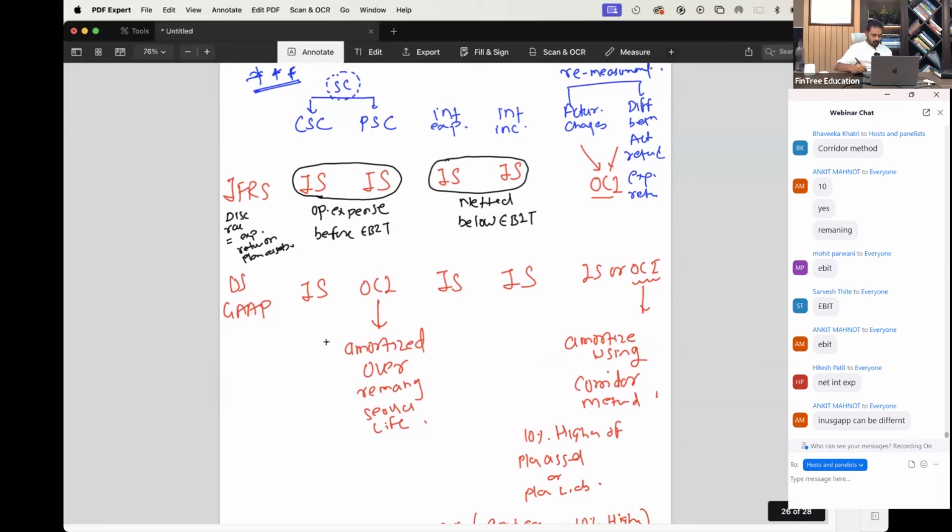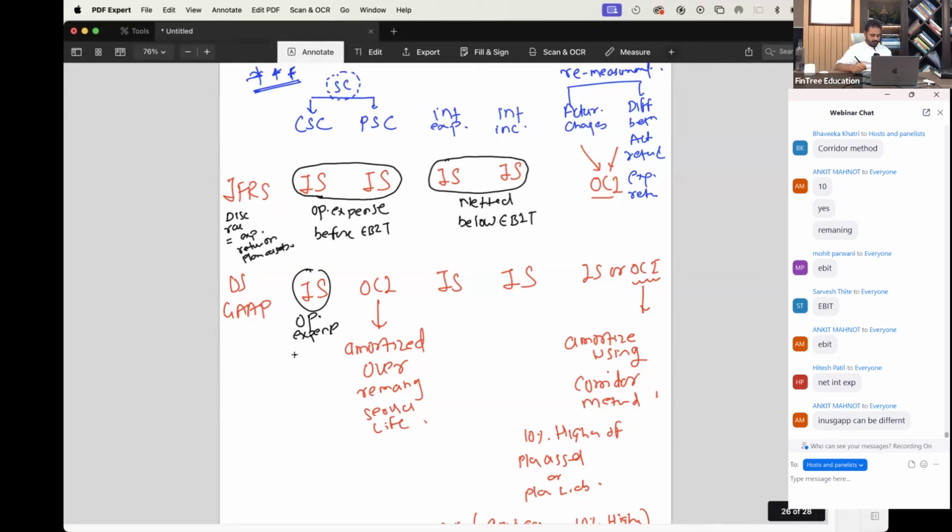Then under US GAAP, this is operating expense. And you know why I'm emphasizing on this? If you go and solve curriculum end of the chapter questions, you would realize they've actually asked questions on these technicalities. Just the end of the chapter questions. And last time when I was solving them, I actually got stuck in one of the questions. Then we had to go and read this section carefully.